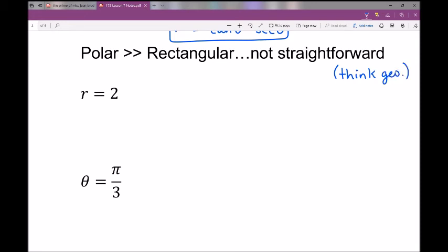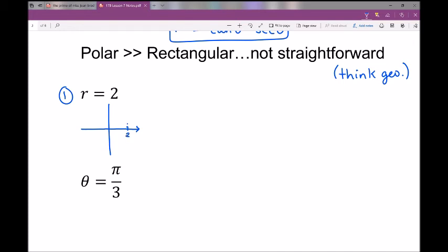If we think about the equation r equals 2, let's think about what that would look like in a polar coordinate system. Remember, for a polar coordinate system, we still have kind of 4 quadrants, but our main axis is the positive x-axis. We have a radius of 2, but we have this at every single angle.